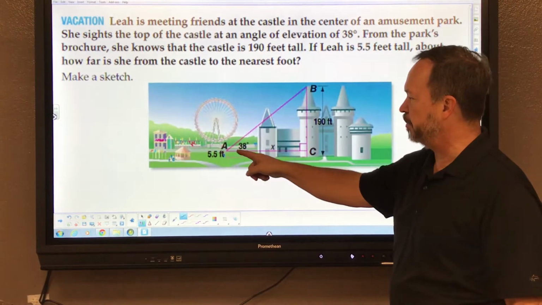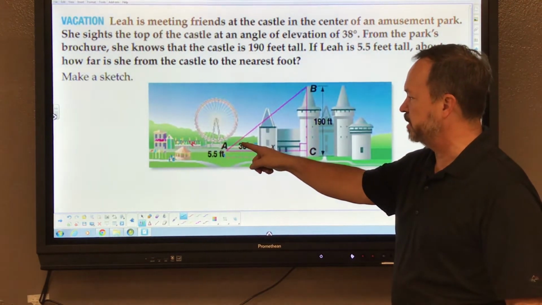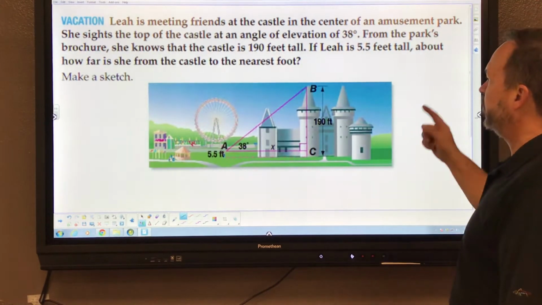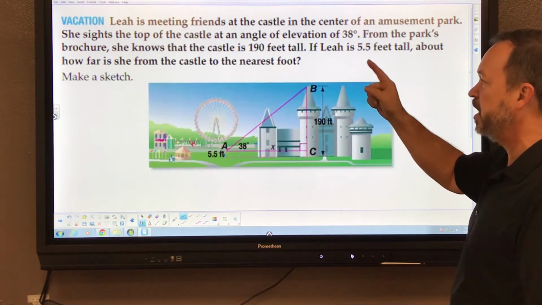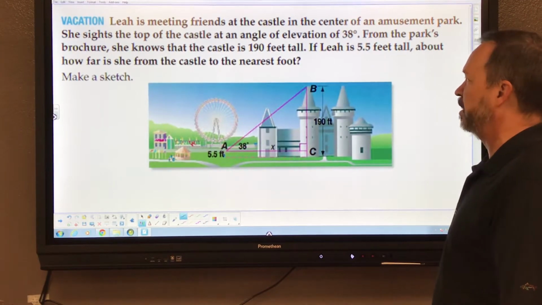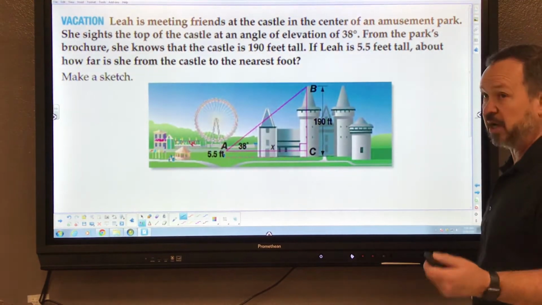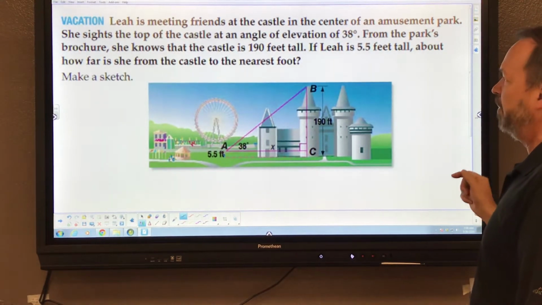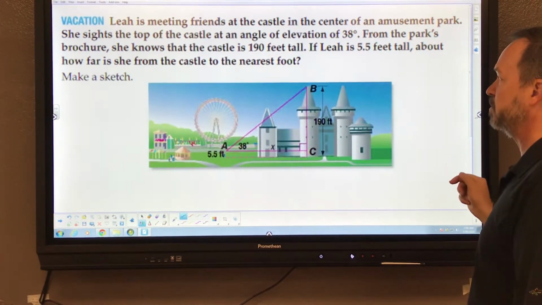She's looking up at an angle of 38 degrees. Her angle of elevation is 38 degrees. From the park's brochure, she knows that the castle is 190 feet tall. They want you to know how tall their castle is. If Leah is 5.5 feet tall, about how far is she from the castle to the nearest foot?